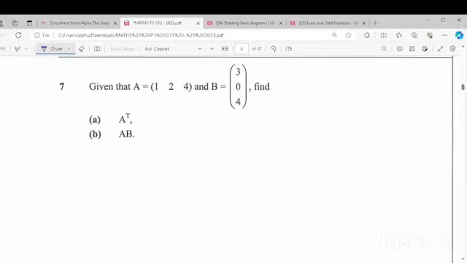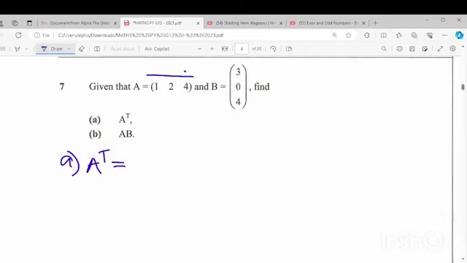Number 7, given that the matrix A is that and B is that, find A. So part A, they want you to find A transpose. The transpose of a matrix means you need to interchange the rows with columns.